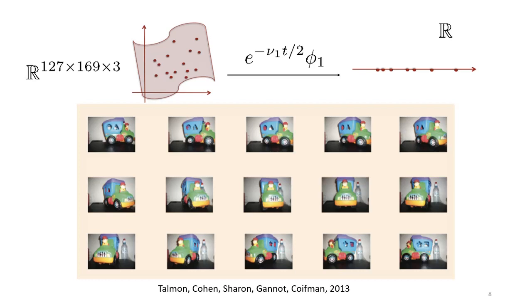From the first image to the last image, it is basically the toy truck facing the right, and it rotates until it faces the left. So it is an S1 structure. This is an example of how using the spectral information can help us analyze the data and reorganize the data.